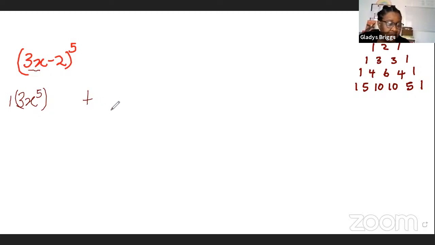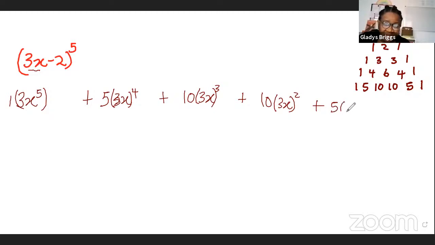We're going to put plus 5 times 3x to the power of 4, plus 10 times 3x to the power of 3, plus 10 times 3x to the power of 2, plus 5 times 3x to the power of 1.